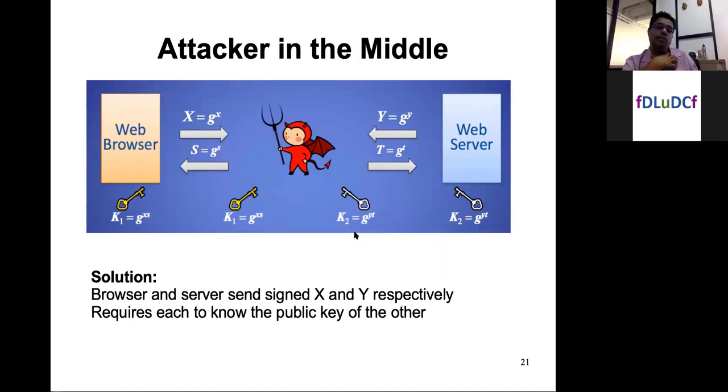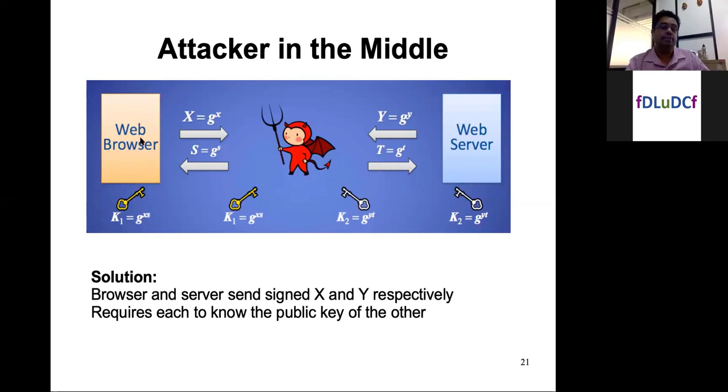However, the Diffie-Hellman system is vulnerable to the man-in-the-middle attack. So in this man-in-the-middle attack, what happens? The web browser talks to a web server, but somebody in the middle breaks this communication and simulates these sessions.